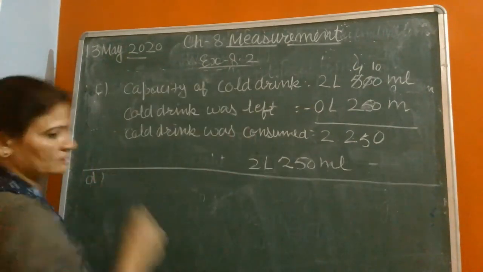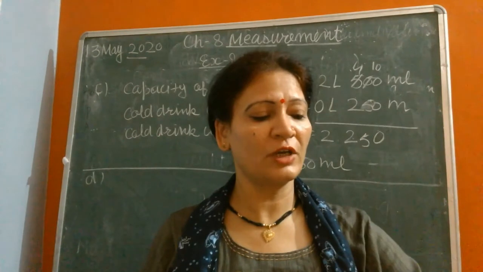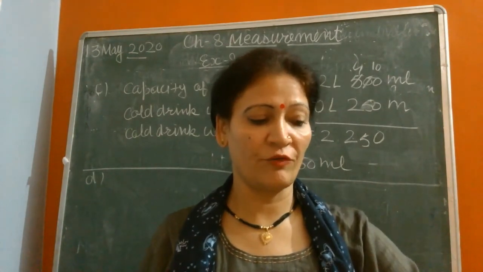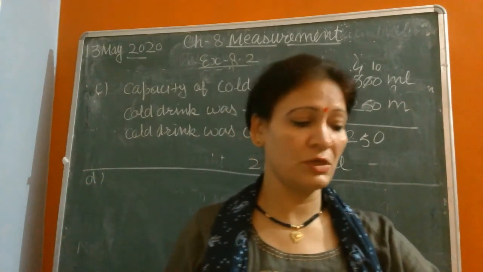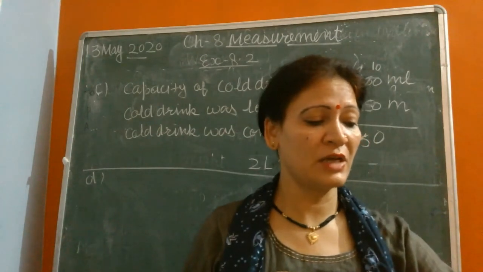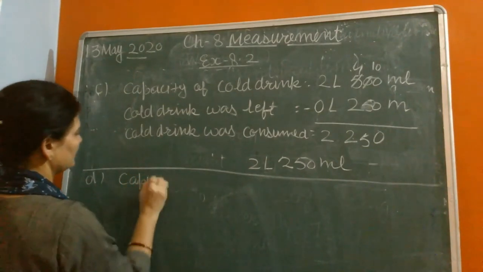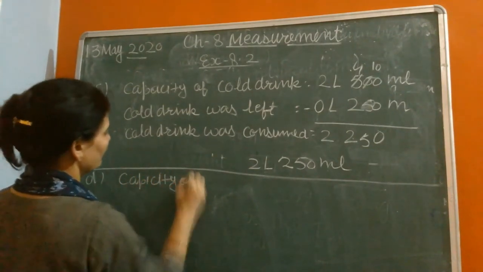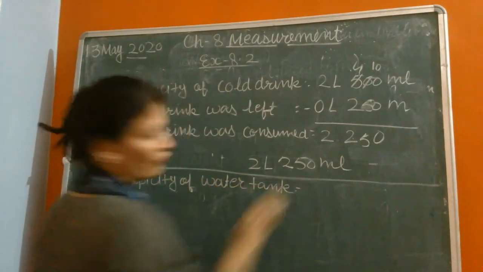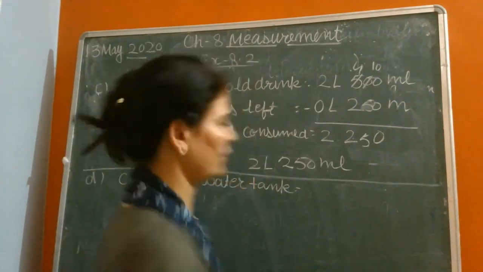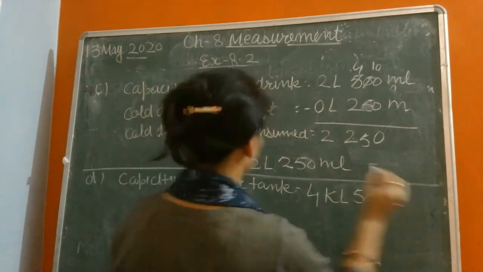Part D is a tank was filled with 4 kiloliter, 500 liter of water, 278 liter, 900 milliliter was used. How much water is left? Capacity of water tank is 4 kiloliter and 500 liter.